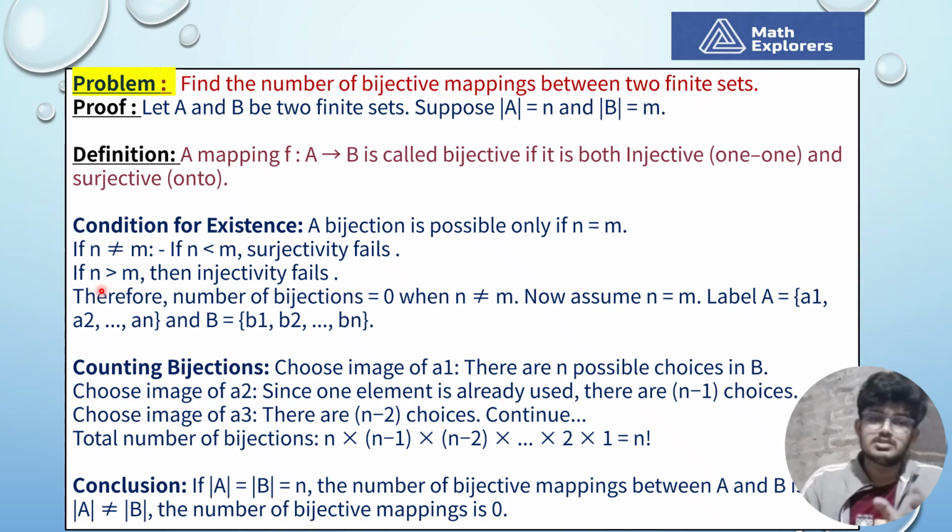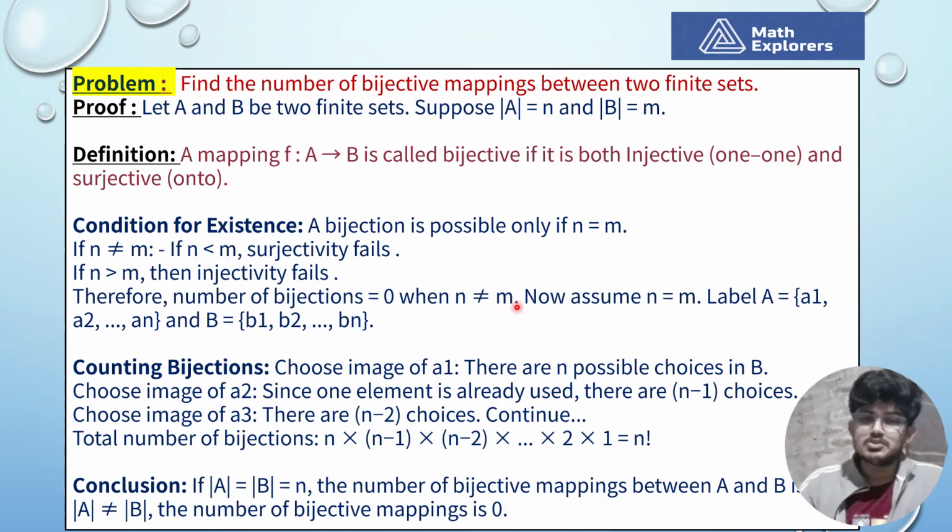So injectivity fails. Therefore, number of bijections equal to 0 when n not equal to m. So there exists no bijective map.